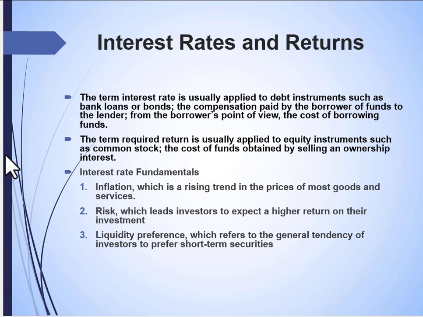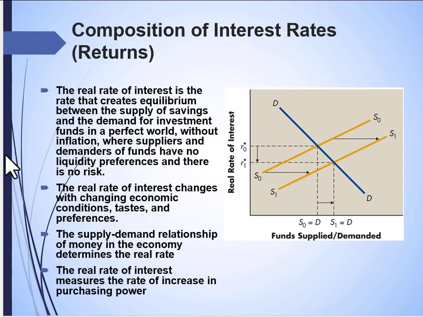We'll talk about some of those in this video. But as risk increases, again, we want to be compensated more, and interest rates and returns will go up. And liquidity preference, right? This basically talks about the general tendency for investors to get money sooner rather than later.